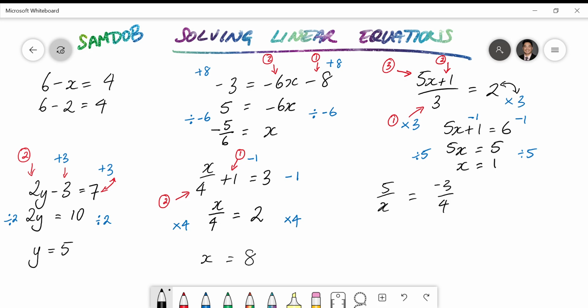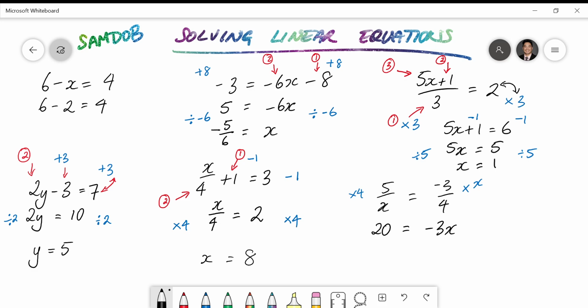Now, the simplest step from here is to deal with the denominators. We want to multiply this side by 4, and this side by x. And what you'll end up getting is 4 times 5 is 20, and then minus 3 times x is minus 3x.